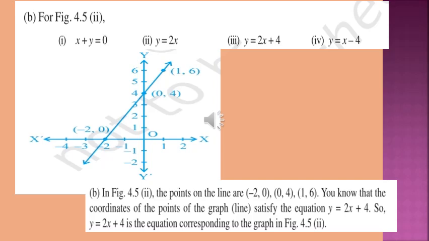Now y equals 2x plus 4. If you put x equals 1 in the third equation, you get y equals 6. If you put x as 0, you get y equals 4. So this shows that y equals 2x plus 4 is the equation corresponding to the given graph.